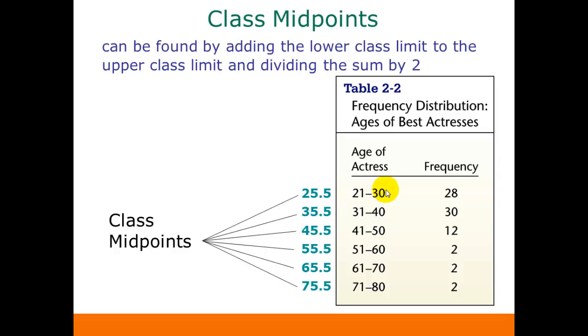For the first class here, if we add 21 and 30, that gives us 51. If we divide 51 by 2, we get 25.5. So all of these would be our class midpoints. Again, we'll actually use these for something later on. Right now all we're concerned with is just calculating them.